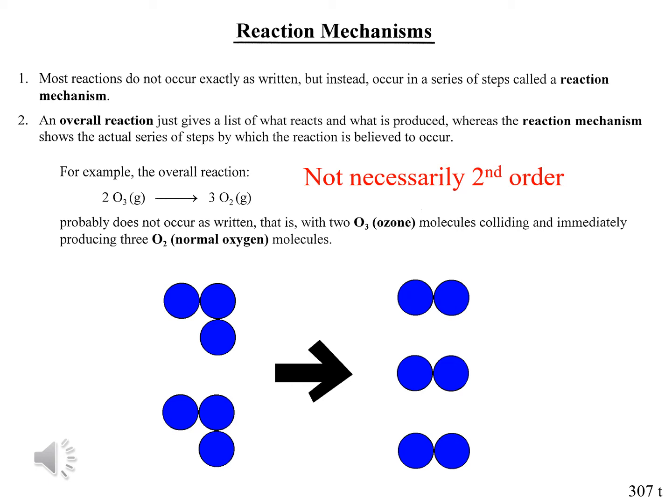The reaction that you see on this page, O3 goes to O2, is what's called an overall reaction. It just shows you what reacts and what forms. It doesn't show you whether there's any steps that it goes through in the process. O3 is what's called an allotrope of oxygen.